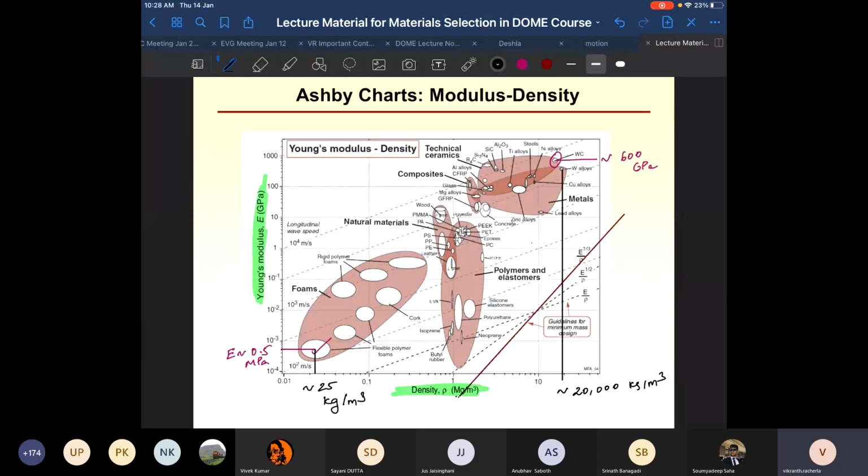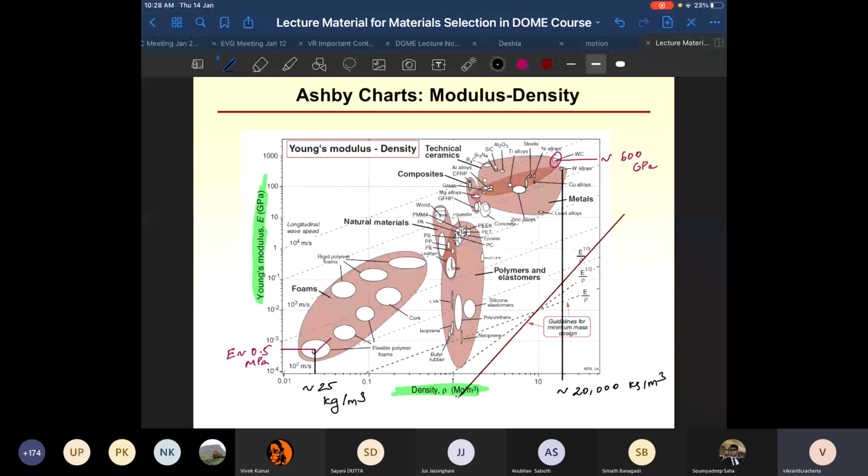And in terms of the modulus, the highest modulus that you have is about how much? About 1 million times more stiff as compared to the lowest modulus material. So there is a huge variation in terms of the modulus and the density of materials.